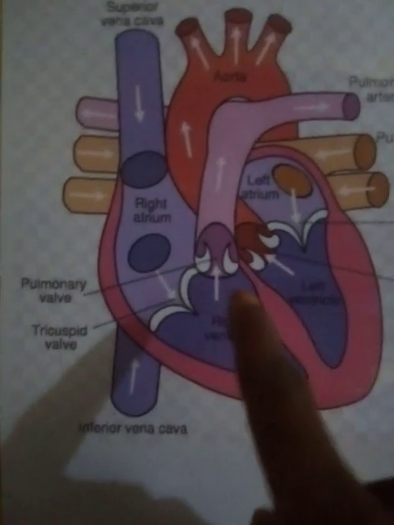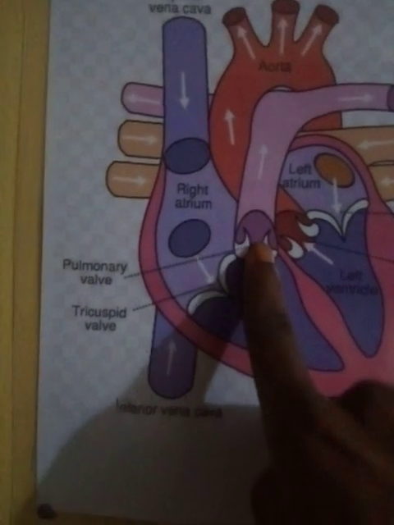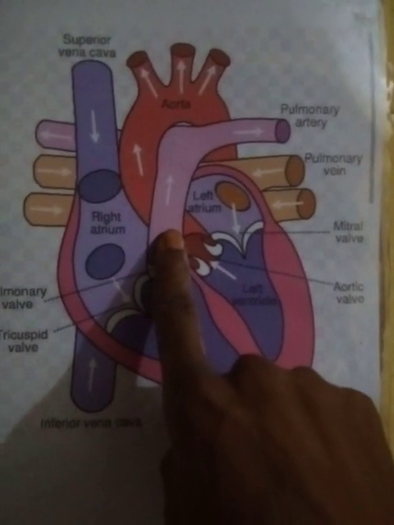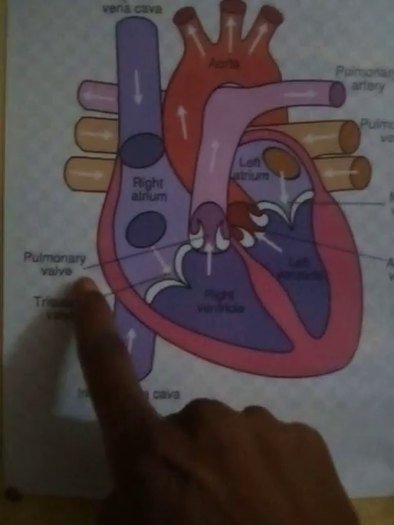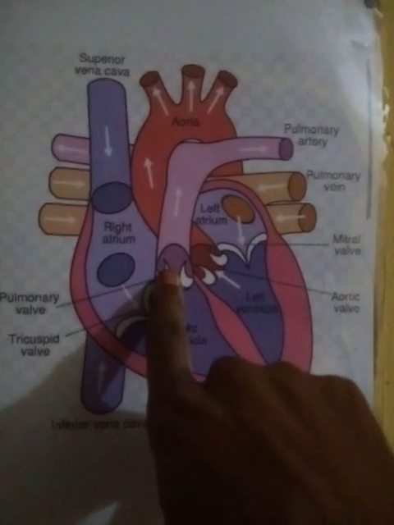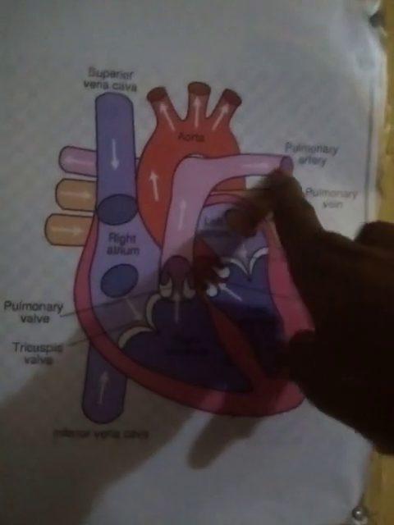The deoxygenated blood that is coming from the right ventricle enters into the pulmonary artery through the permission of the pulmonary valve. So in the pulmonary artery here, this blood moves directly into the lungs.